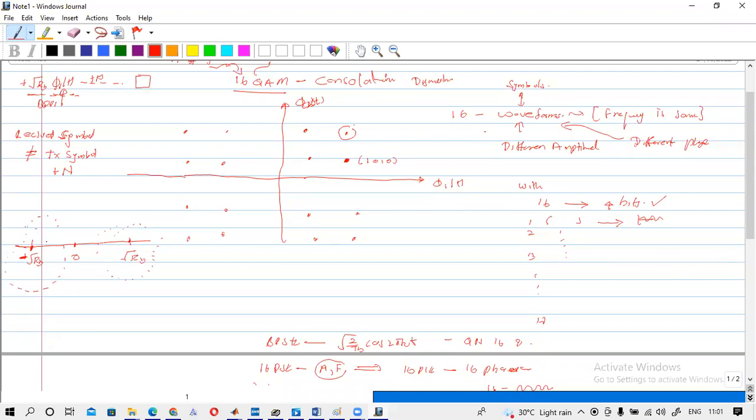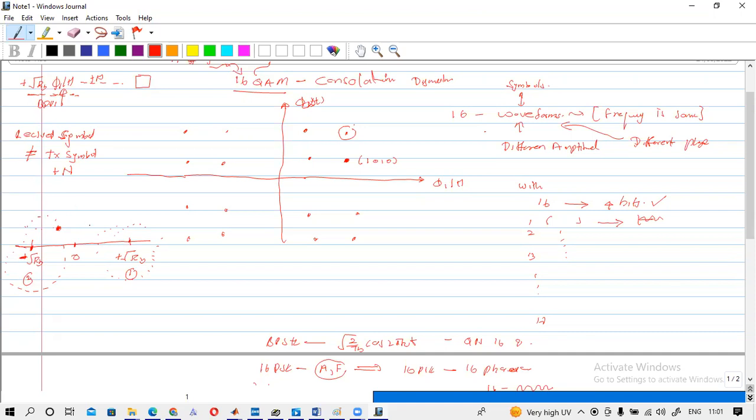Then for the corresponding received point, you have to check whether it is the symbol plus root Eb, let's say this is symbol 1, or it is minus root Eb, let's say it is symbol 2. So for the received signal, you have to guess whether it belongs to symbol 1 or symbol 2.